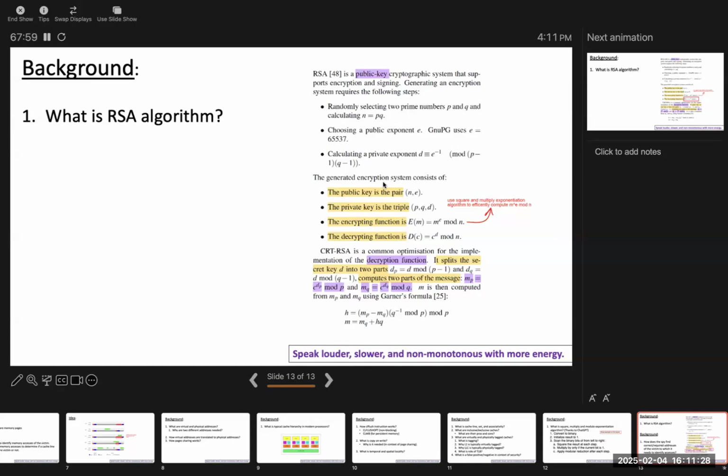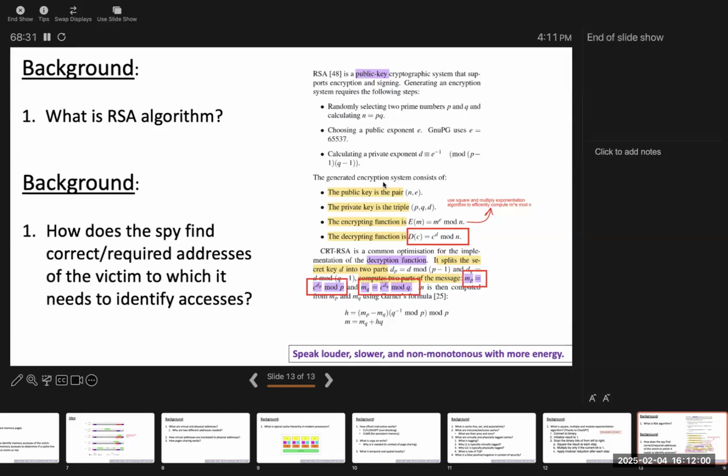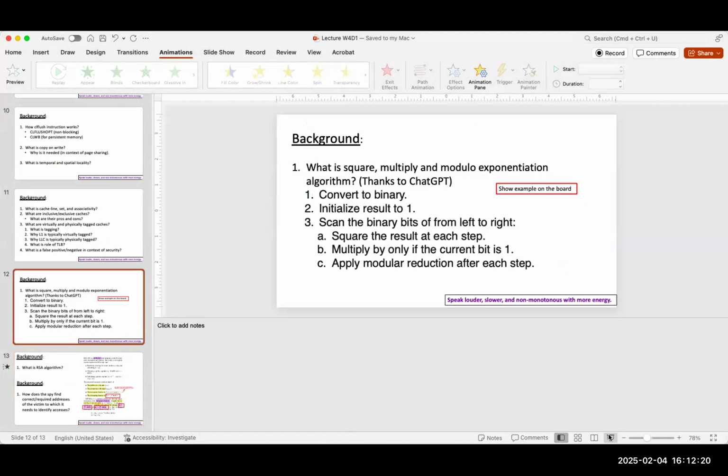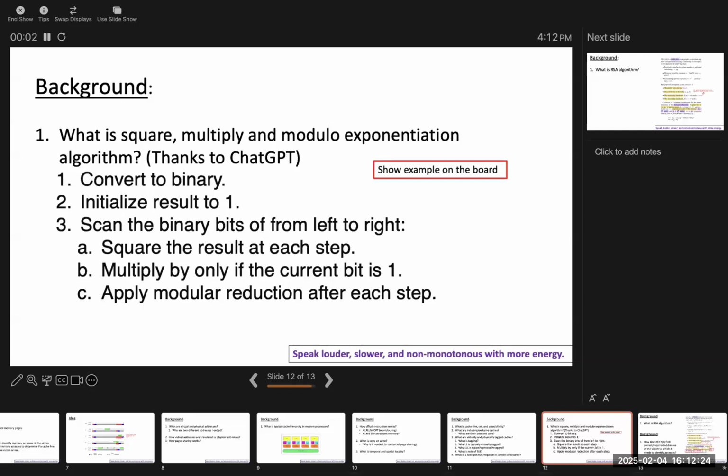Can I go beyond 4:15? Okay. Let me open the example.